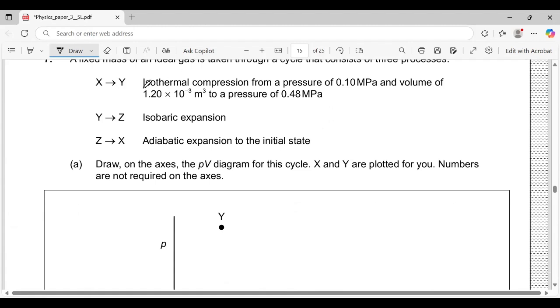First, X to Y is isothermal compression.